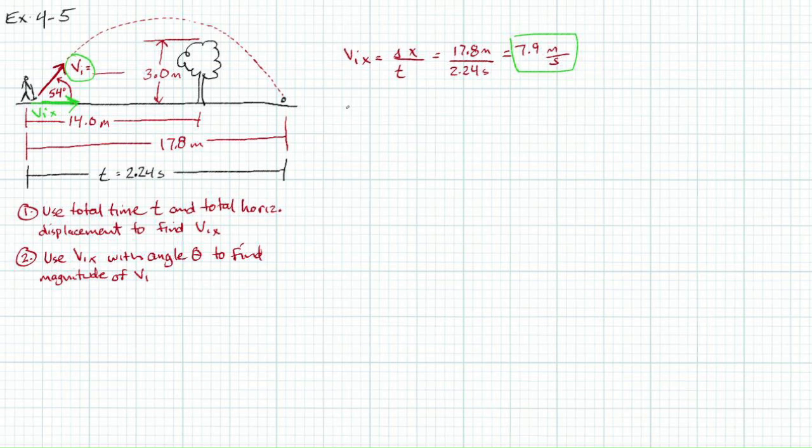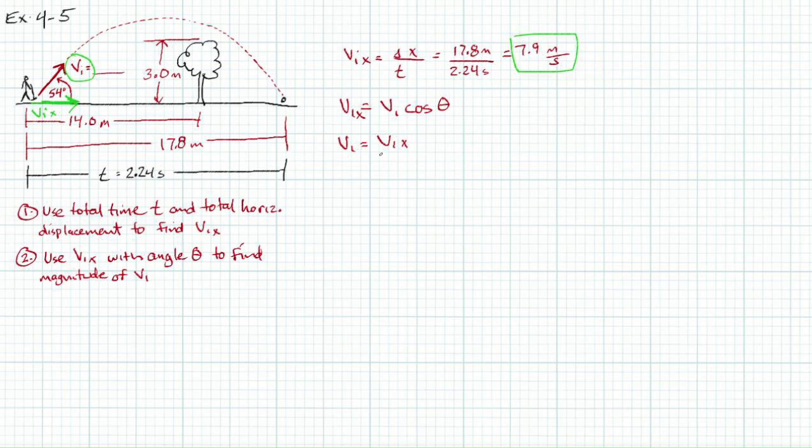Well, we know that the initial velocity in the x direction is initial velocity times the cosine of theta, right? And we've done that a number of times. You take your magnitude times the cosine of theta, and that gives you your component in the x direction. When we know the x direction component and we know theta, now we can simply solve for the magnitude of just VI by taking our cosine of theta and moving it down to the denominator under initial velocity in the x direction.